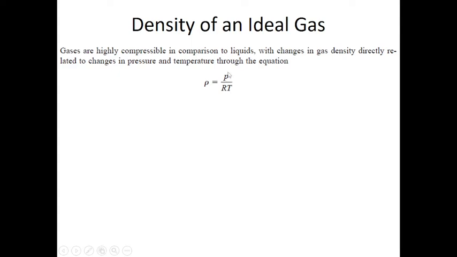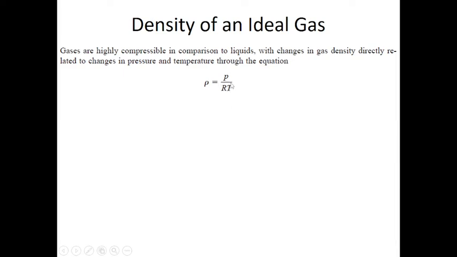Ito yung R na yan ay gas constant ng ating ideal gas. So the density of an ideal gas can be obtained by dividing the pressure by the product of the gas constant R and the absolute temperature.